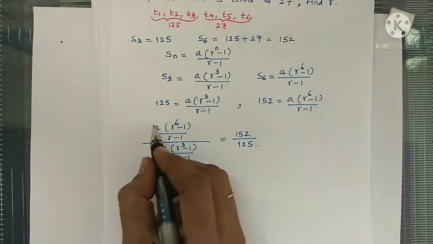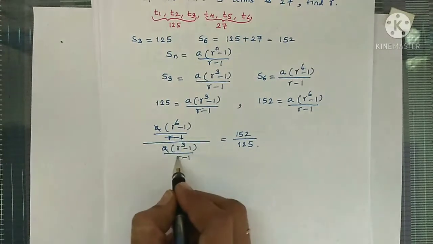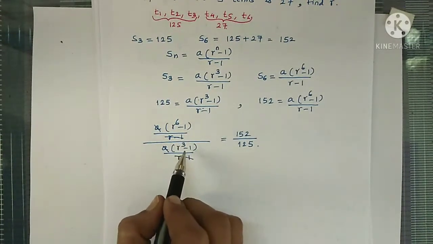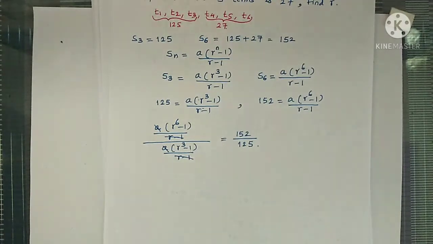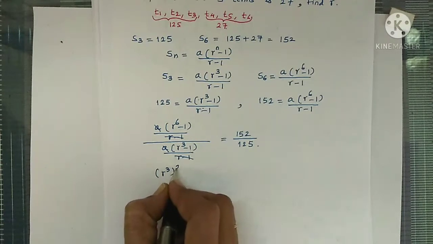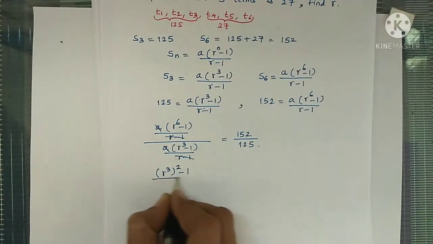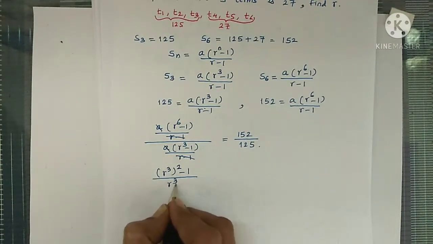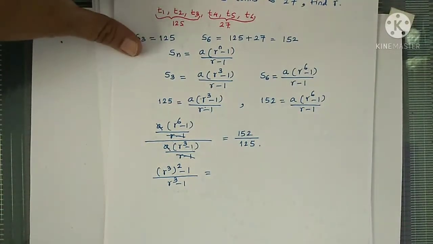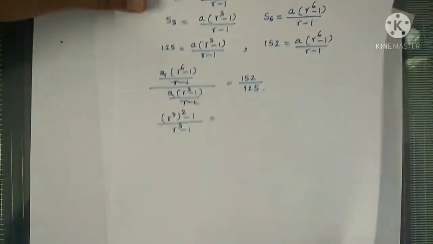Here a gets cancelled, r minus 1 gets cancelled. So this is (r raised to 6 minus 1) upon (r cube minus 1). Now r raised to 6 is (r raised to 3) square, so (r raised to 3 squared minus 1) upon (r raised to 3 minus 1) equals 152 upon 125.